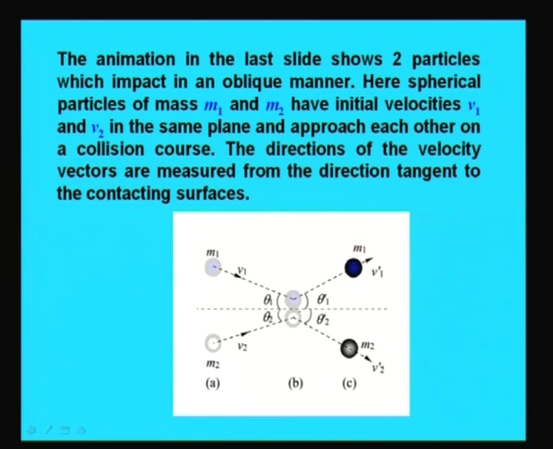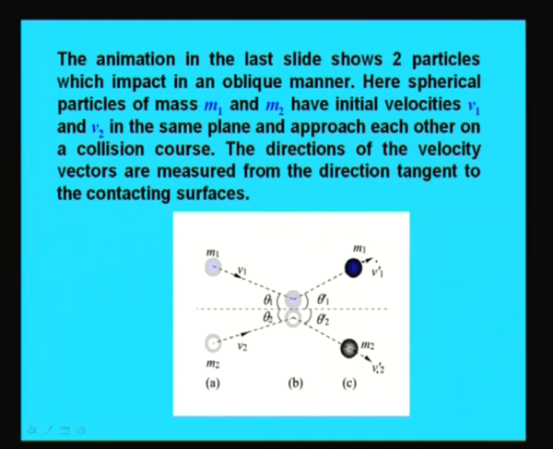When they make contact, this is the normal direction and this is the tangential direction. This makes angle theta 1 from the direction t, and this makes angle theta 2. Similarly, after the collision, from the tangent direction, particle m1 makes angle theta 1 prime and m2 makes angle theta 2 prime. So this is v1 prime and this is v2 prime.